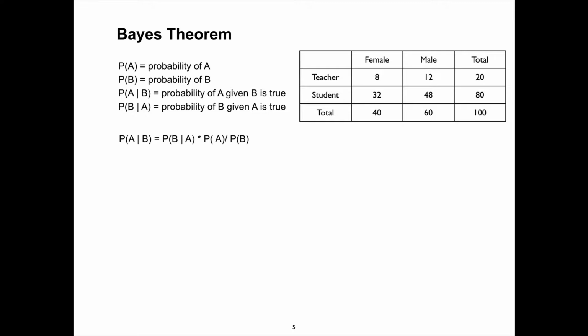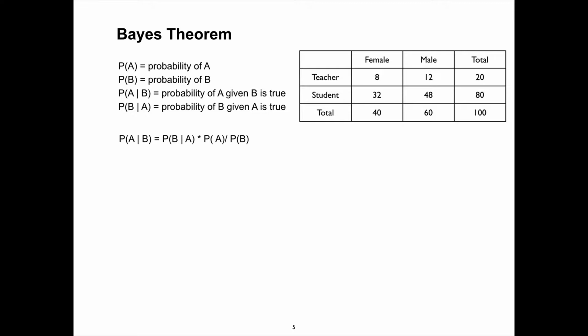Now, another way of modeling things is using Bayes' theorem, and it's fairly popular. So some definitions, right? P of A just means the probability of A, and then same for B. And then P of A given B means what's the probability that A is true given that B happened, right?